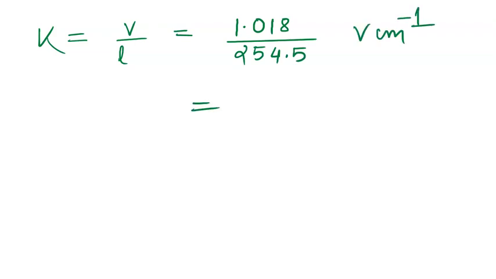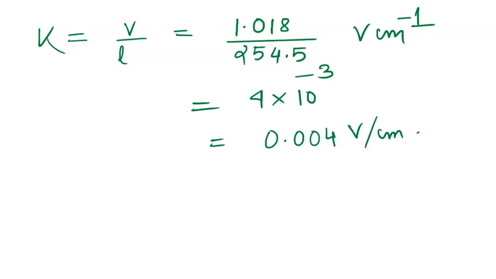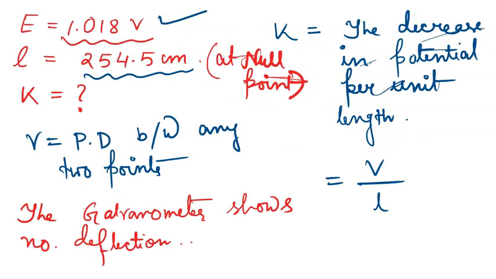The unit will be volt per centimeter and the answer will be 4 into 10 to the power minus 3, or we can also write it as 0.004 volt per centimeter. So this is the potential gradient of this potentiometer.